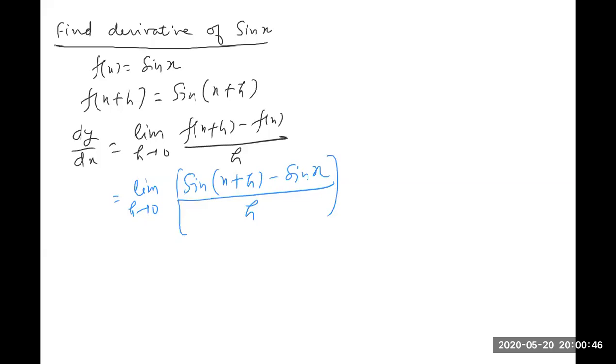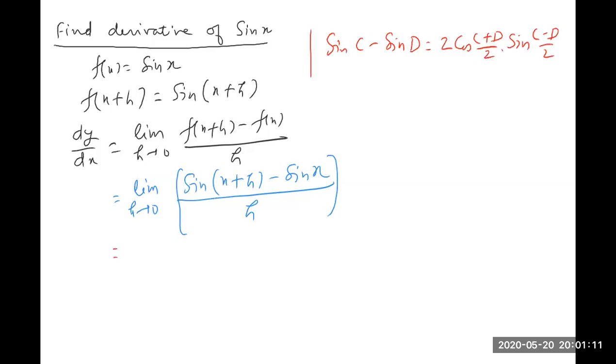Now, here you must know the formula for sin C minus sin D. If you don't remember the formulas, it will be very difficult to solve. Sin C minus sin D is equal to 2 cos((C plus D)/2) into sin((C minus D)/2). These are the C and D formulas of 11th class.